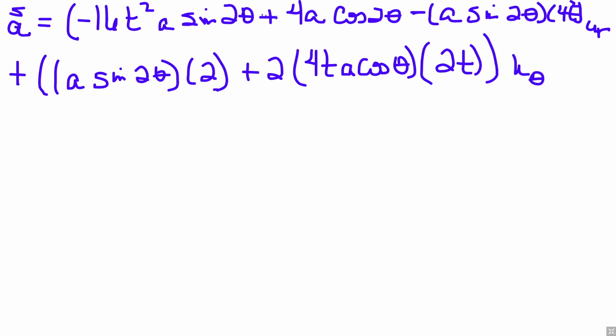Now we just have the fun time of cleaning everything up. If we look closely, we'll realize that these two are going to be like terms. If we combine those two pieces, what do we end up with?